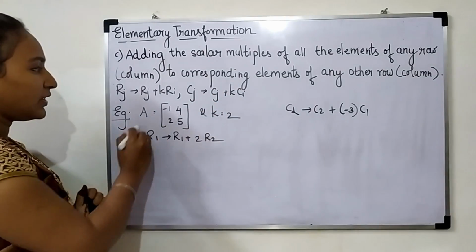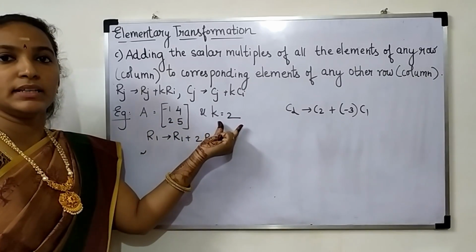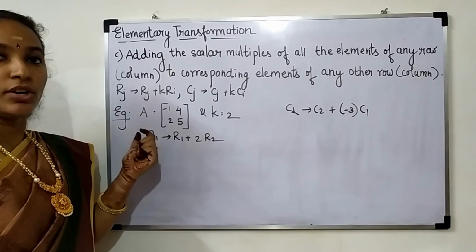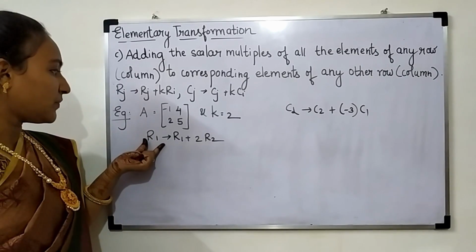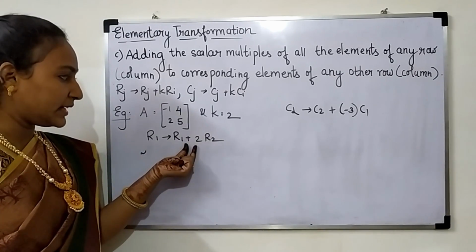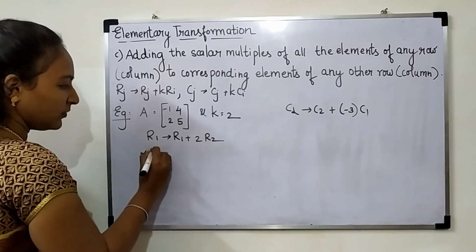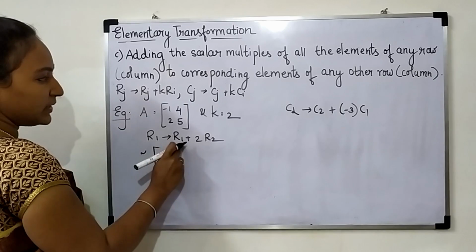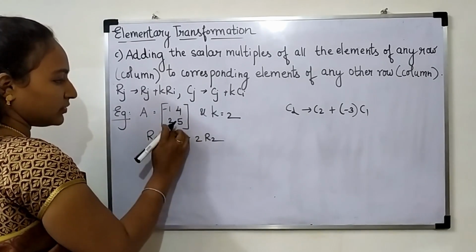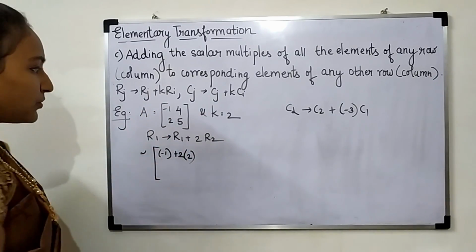See for example, [-1, 4; 2, 5]. Here we have taken K as 2. I am going to perform the transformation on R1, that is row 1. So we have to write R1 here, and here also R1 plus the scalar and R2. So this will be R1: -1 plus 2 times 2, that is the corresponding element in the next row.